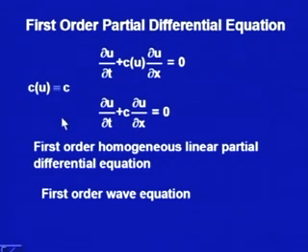With our examples for the solutions, we had seen that all the solutions, in general, we had found the solution f of x minus c t.